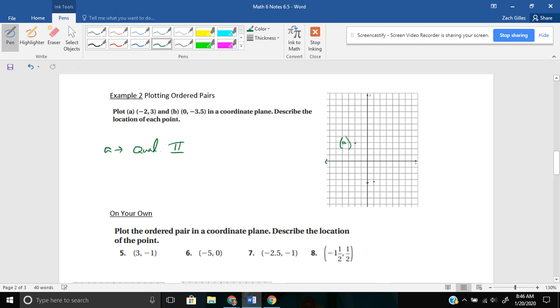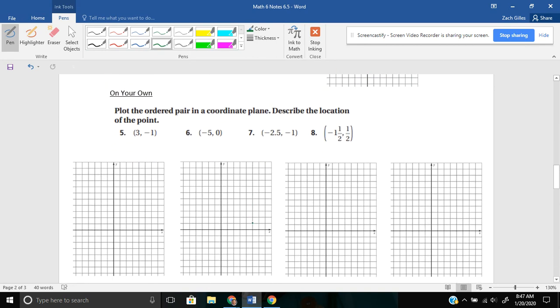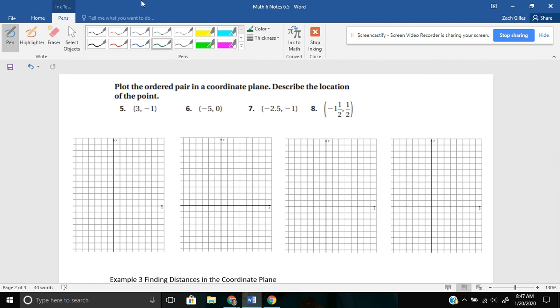Okay, so this would be point B. Describing the location of point B, that would be on the y-axis. It's between quadrants 3 and 4, but it's on the y-axis. All right, for 5, 6, 7, and 8, why don't you try to plot these ordered pairs in the coordinate plane? Pause the video and then come back to see if you got them correct.